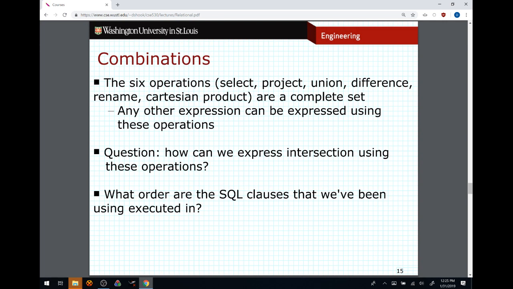My question to you now is this: what order do these get executed in? I can use all of these in one query if I want to, right? What order do they get executed in?